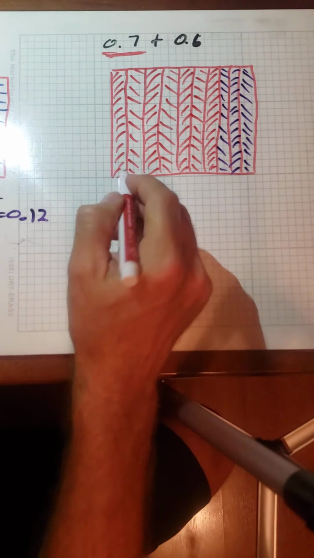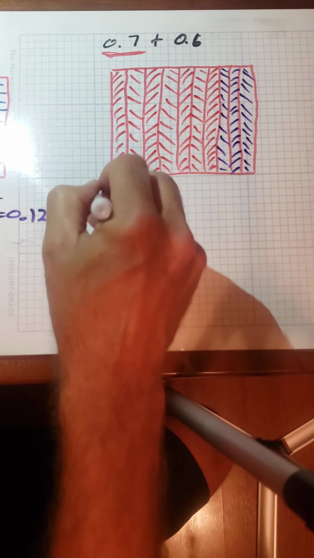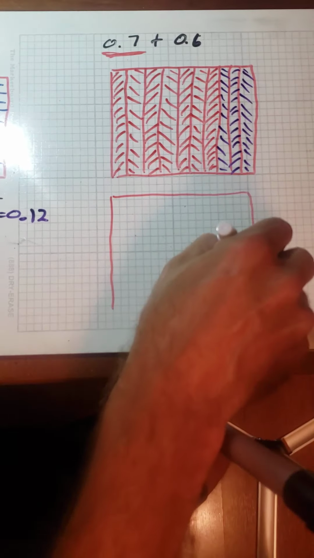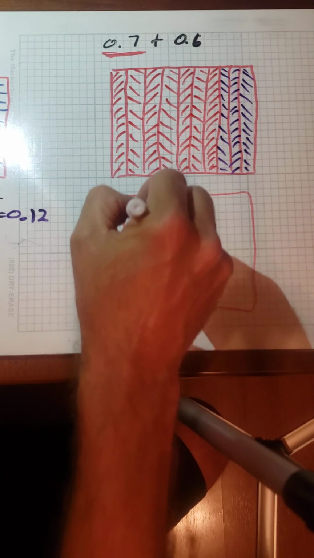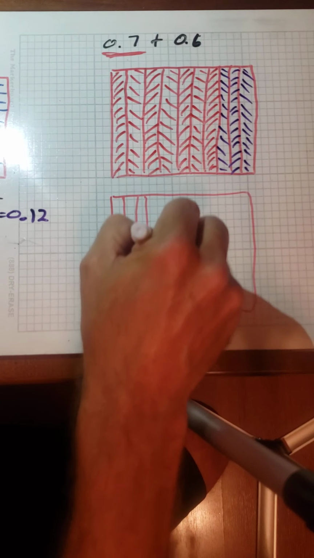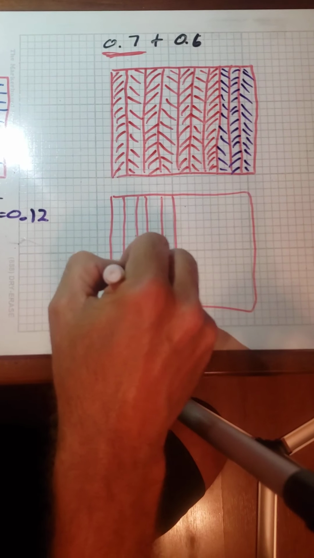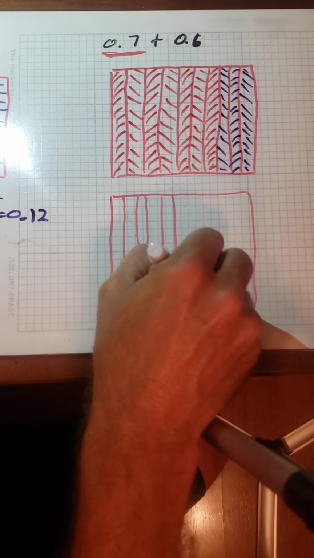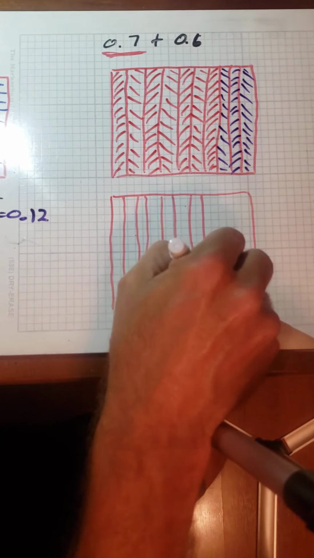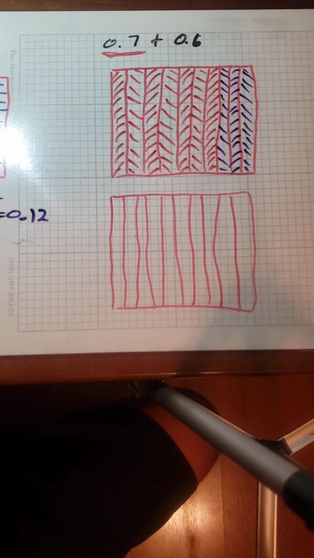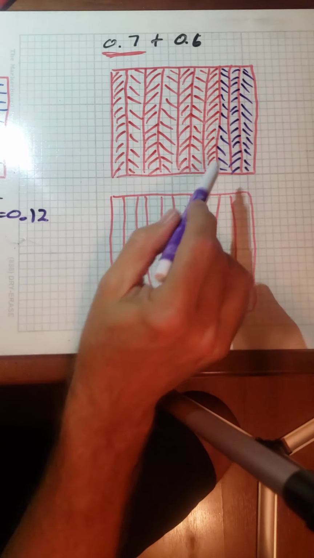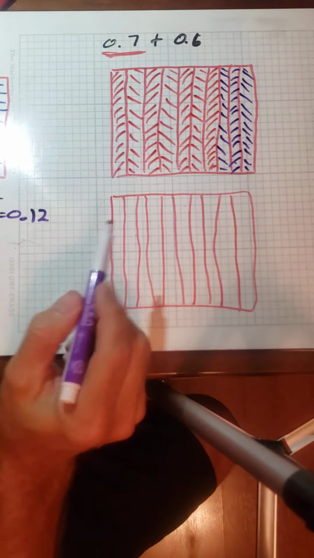That means I need another one of these to draw. And I need to break it into tenths again, because that's the size that I'm dealing with. Okay. And now I've done 3 of these, 1, 2, 3, and I have 3 more to do.